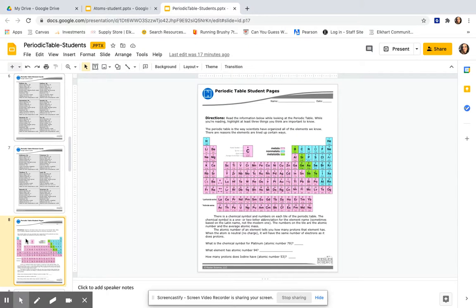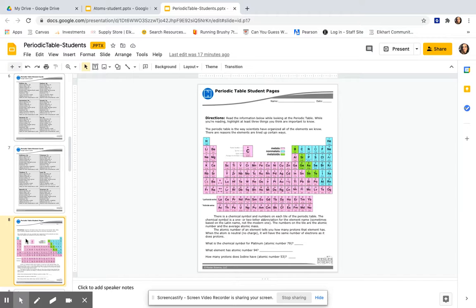So your directions here say that you need to read the information below while looking at the periodic table. While you're reading, highlight the last 3 things you think are important to know. The periodic table is the way scientists have organized all the elements we know. There are reasons the elements are lined up certain ways.